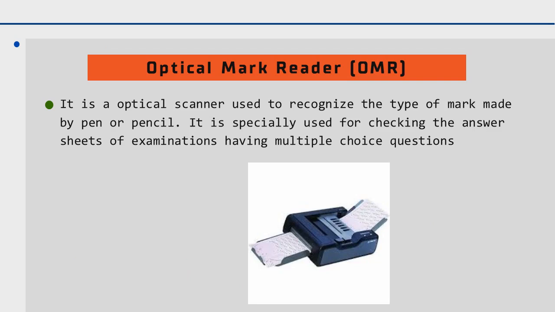Optical mark reader, OMR. It is an optical scanner used to recognize the type of mark made by pen or pencil. It is specially used for checking the answer sheets for examinations having multiple choice questions.